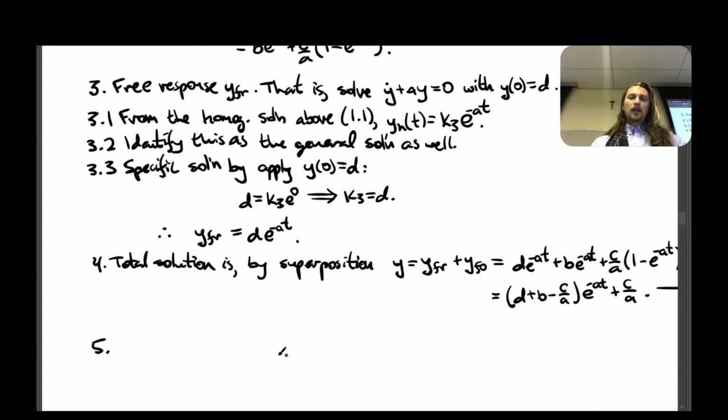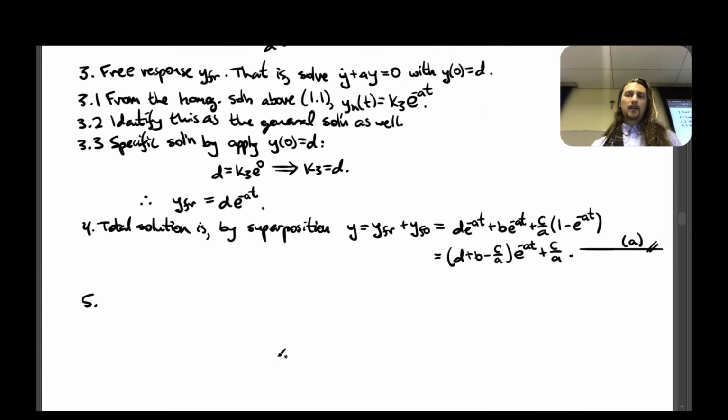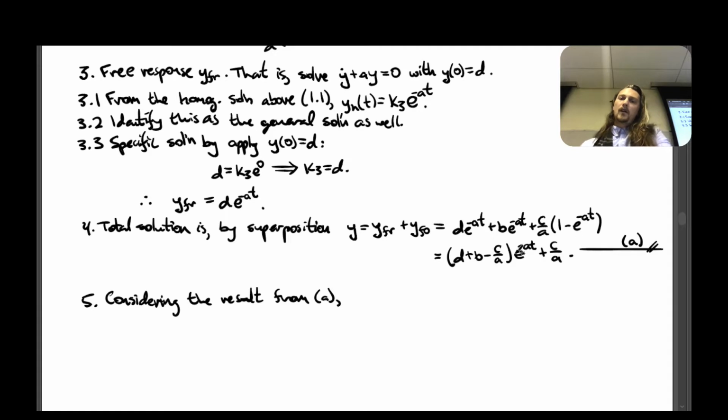Well, looking at the result from A, we can see that this term is going to be the determining factor for the transient response, right? So when this term remains significant, we'll still have a transient response.